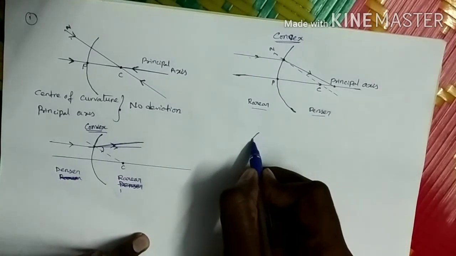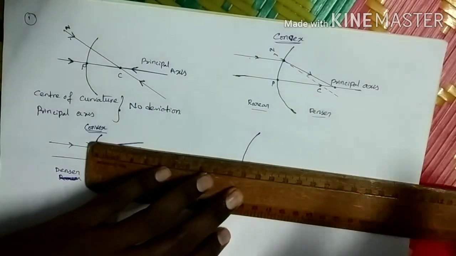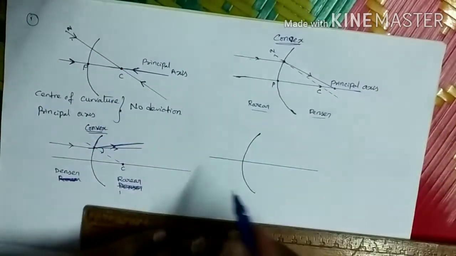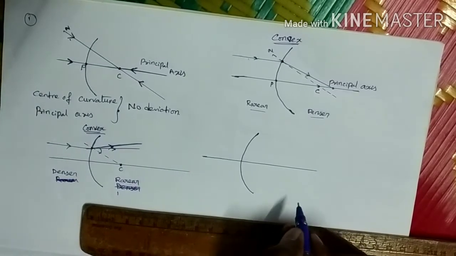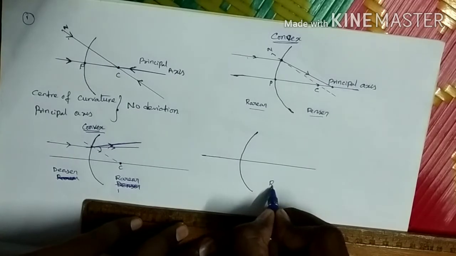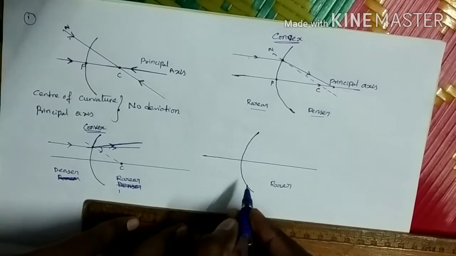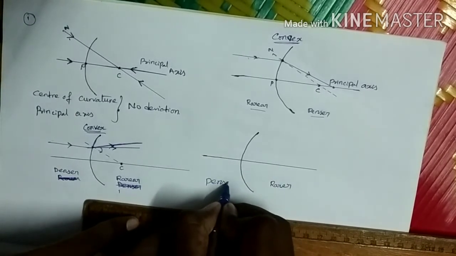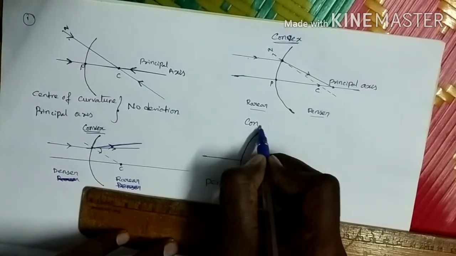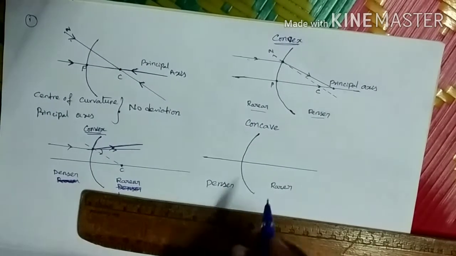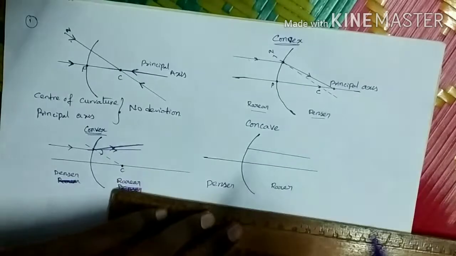Now I am taking the concave curved surface. Here I am sending the light parallel to the principal axis from rarer medium to the denser medium.